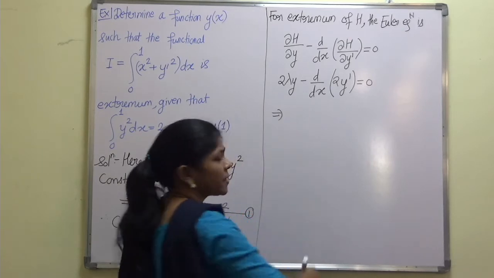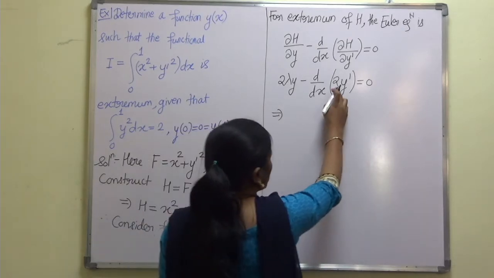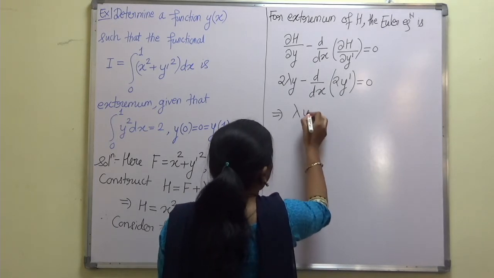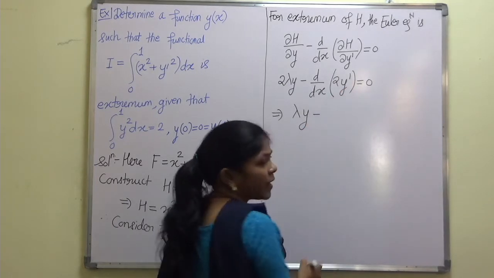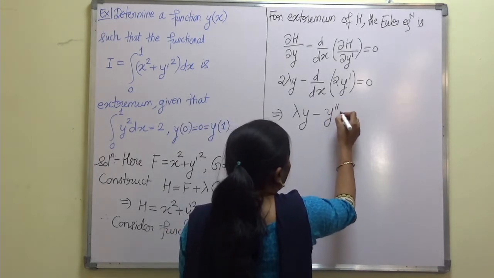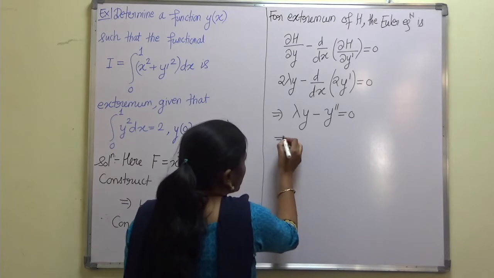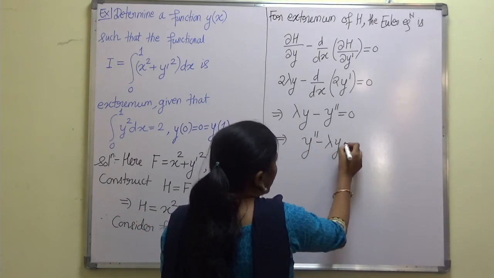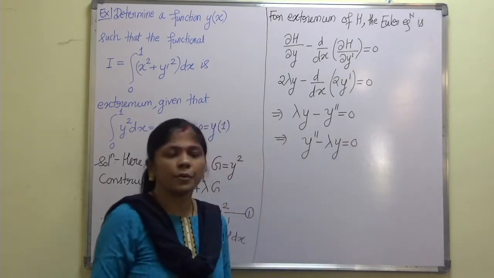Differentiate this, 2 will come outside and get cancelled. So we have lambda y minus the derivative of y dash with respect to x, which is y double dash, equal to 0. We rearrange this equation: y double dash minus lambda y equal to 0.